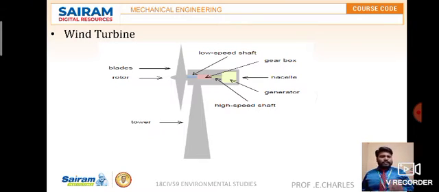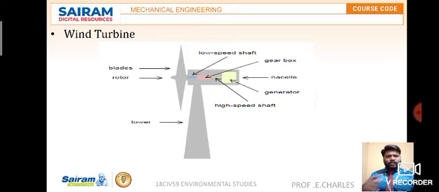Inside the cut portion, these are the things that we come across: the low speed shaft, gearbox, and generator. It is placed where the wind intensity is more. When wind intensity is more, the wind will come and hit the turbine blades, and then the blades or rotor will rotate.